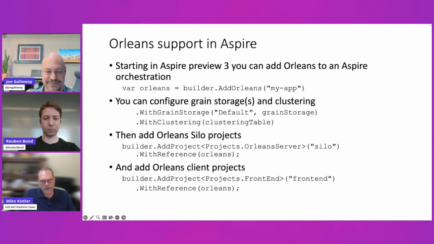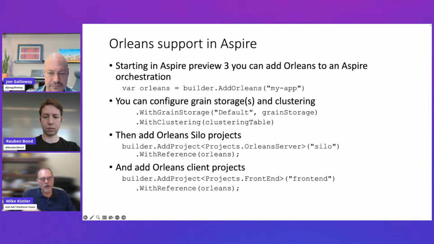Starting in Aspire Preview 3, you add it by using the add Orleans extension method on the builder. And you say, I want to add Orleans. You give it a name, you say my app. And then you can configure the grain storage using the nice Aspire mechanisms for linking the different resources of your application together. You say, I'm going to have my Orleans grain storage be grain storage that I've defined and with clustering that I've defined.